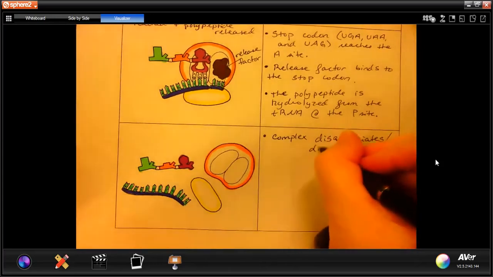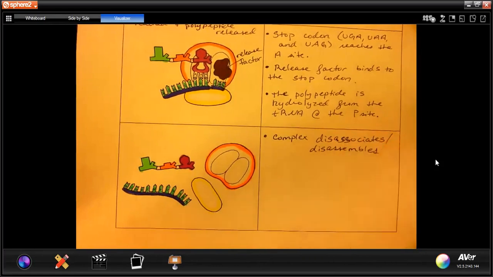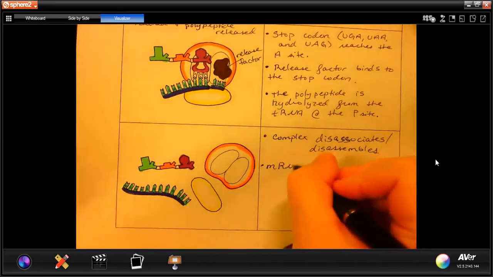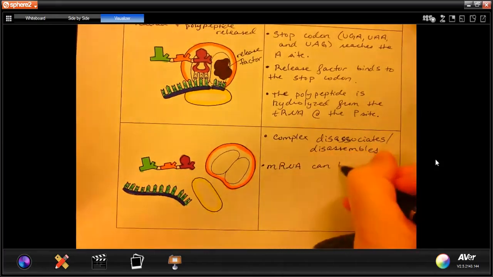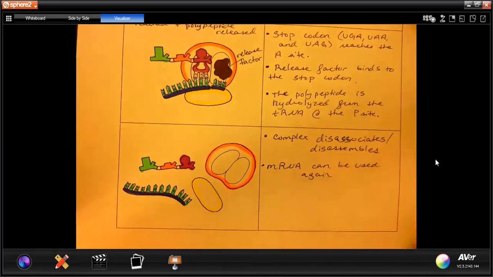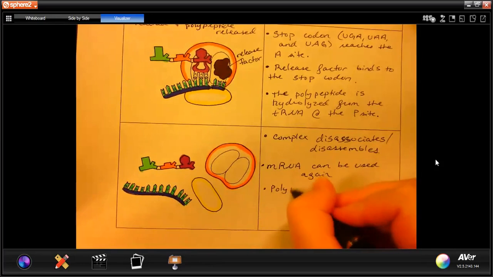Another word for that is disassembles. Okay, so it dissociates, disassembles. The mRNA can be used again. It can be used until something comes along to degrade that mRNA, and the polypeptide is released.